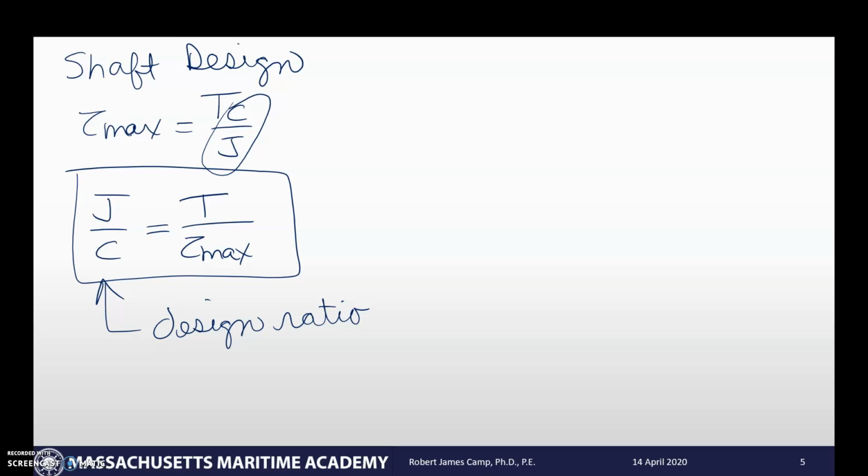And it can get a little bit simpler because, say you have a completely circular shaft, well, what is J? Well, J is going to be pi over 2 times the outside radius to the 4th, over C. Now, the outside radius is the same thing as C in this case, so what ends up happening is your J over C is just going to be, okay, well, that's pi over 2, C cubed.